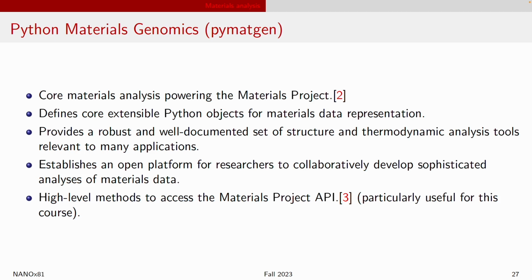It also provides a robust and well-documented set of analysis tools, both structure analysis as well as thermodynamic analysis. So for example, let's say you want to take a structure, you want to create defects in it, or you want to cleave it to create a surface. All these things can be done in PyMatGen. If you want to construct a phase diagram, analyze the energy of a reaction, again, all these things can be done in PyMatGen.